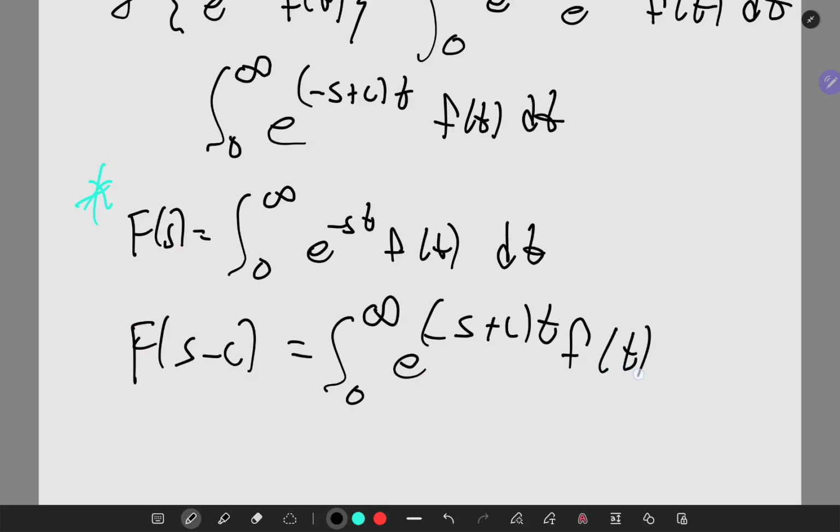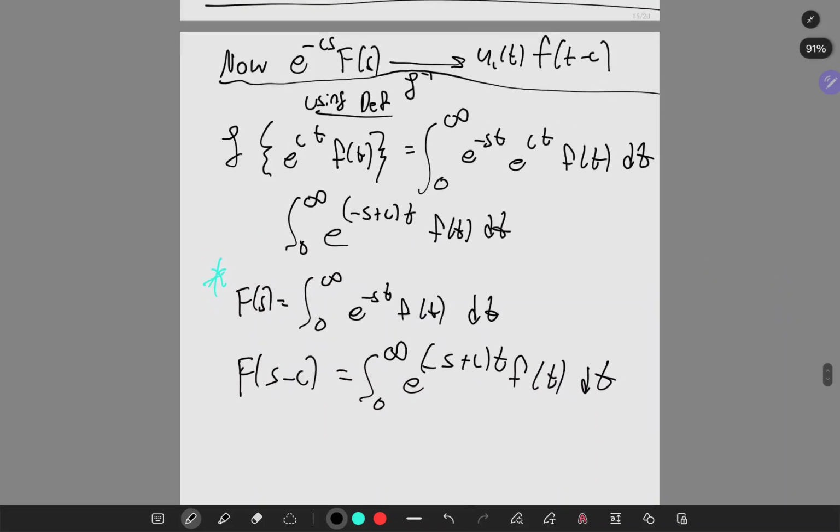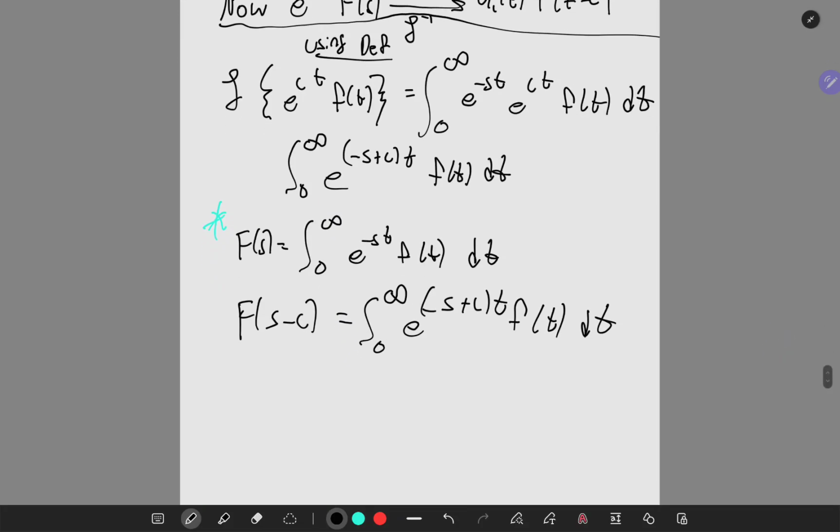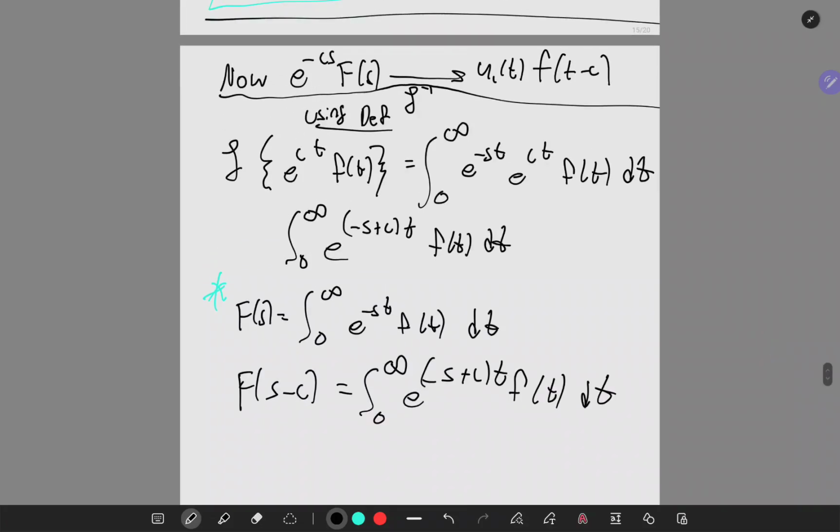So that's it. That's it. F of s minus c. Right? And that, of course, would work for whatever bounds you're working with. So if we're going from 0 to c, c to infinity, then you can just do your, that's where that comes from. It's pretty cool.